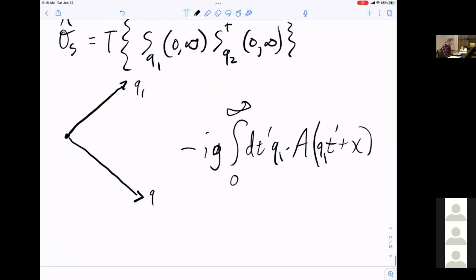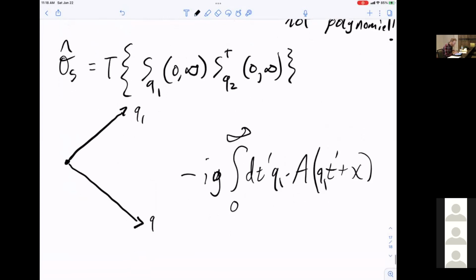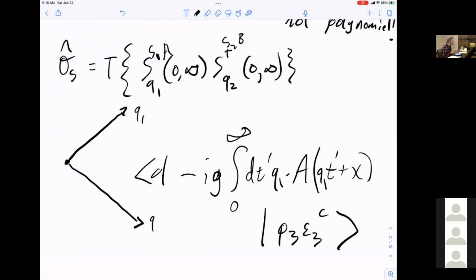So say I expanded, for right now, this particular S, and I expanded to leading order in ig. Then the matrix element that I wish to take is this guy, and we'll cheat a little bit. We have S1 here and then A, and we have S2 here and B. Those are the color indices that I had been suppressing up till now.